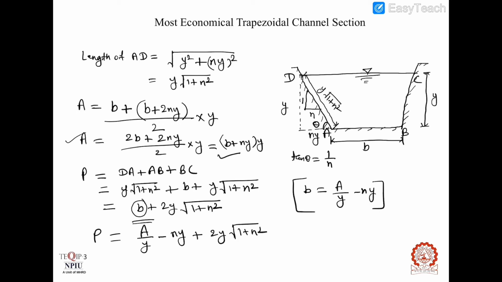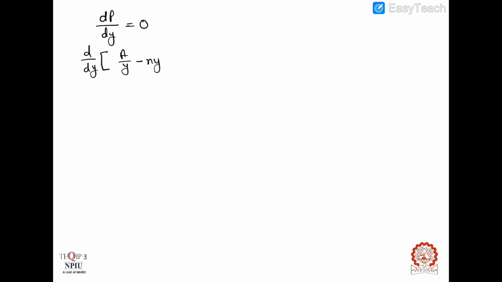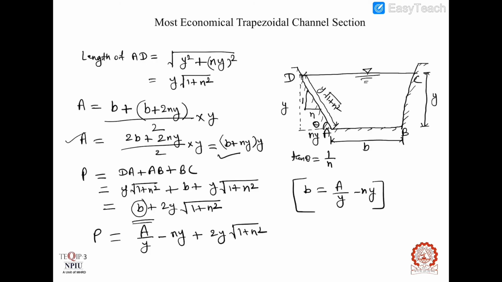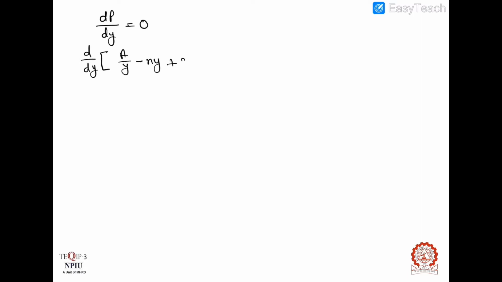So d upon dy of P, what is P? A upon y minus ny plus 2y root over 1 plus n square is equal to 0.